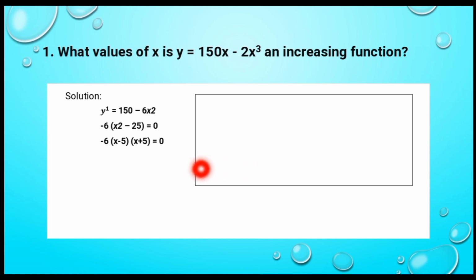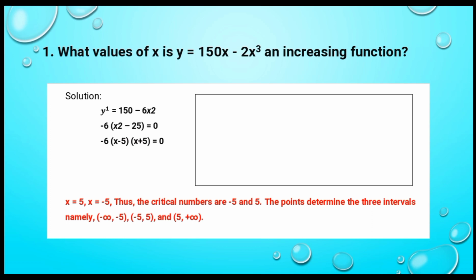Then these two factors must each be equated to 0. So the value of x in the quantity x minus 5 is equal to 5. Then the value of x in the quantity x plus 5 is equal to negative 5. Thus, the critical numbers are negative 5 and 5.